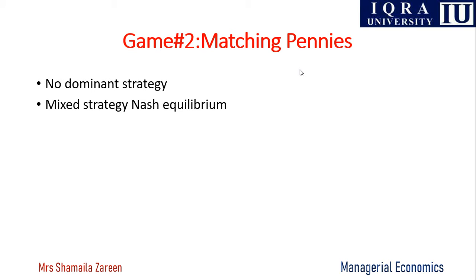The second game that we are going to discuss today is matching pennies. It means here we are discussing the head and tail which the penny has, and the main thing we are going to discuss here is that they have no dominant strategy, and we will not see any type of Nash equilibrium.